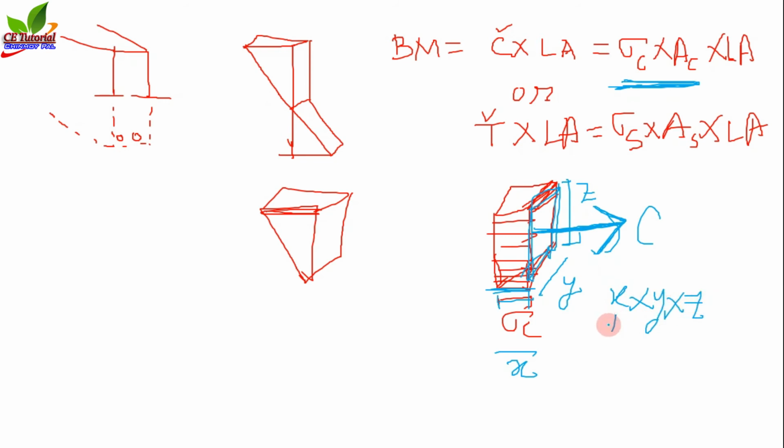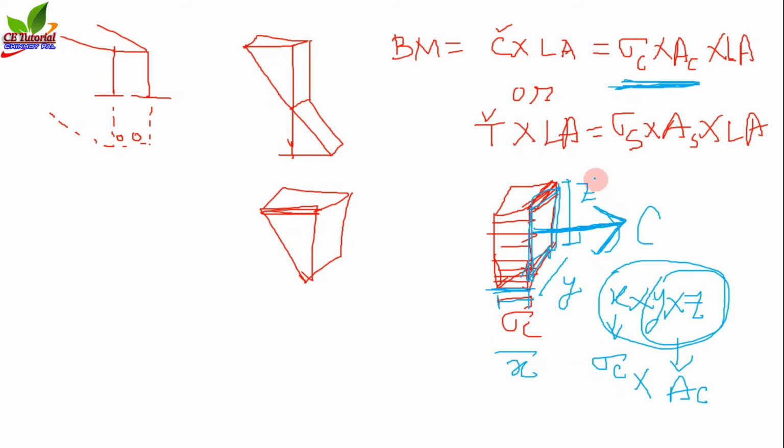X is nothing but sigma C, and Y and Z together are nothing but AC. So if I multiply sigma C into AC, we are actually calculating the total volume of this three-dimensional rectangular block, that is X multiplied by Y multiplied by Z.